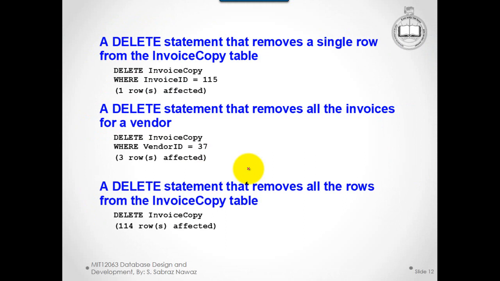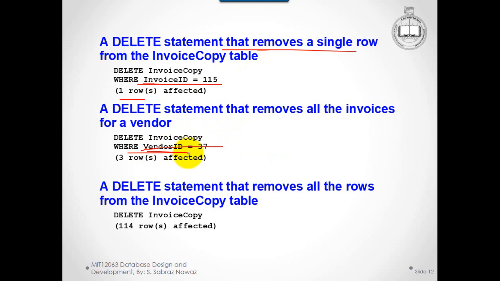We have three sample examples here. First one, a DELETE statement that removes a single row from the table. Here we are mentioning the invoice ID from the invoices table. Invoice ID is a unique value, so it will remove only one row from the table. In another instance, we are going to delete using a vendor ID from the invoice table.